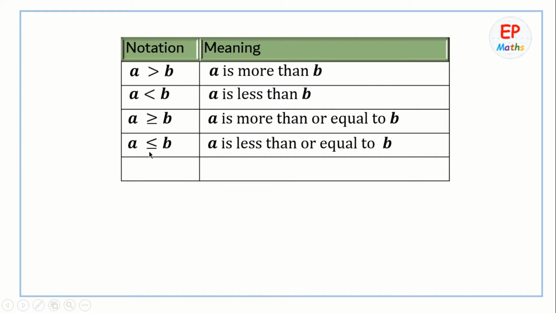We can read this as A is less than or equal to B, or A is smaller than or equal to B, or A is fewer than or equal to B. And finally, we can read this as A is not equal to B, or A is not the same as B.